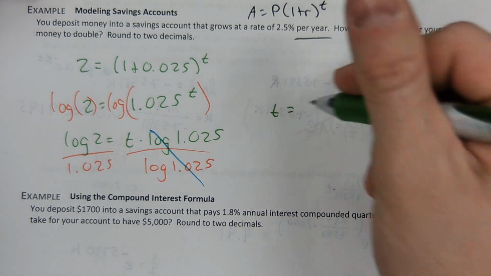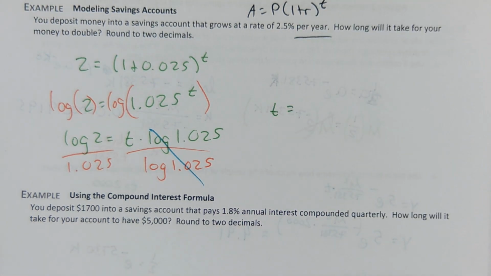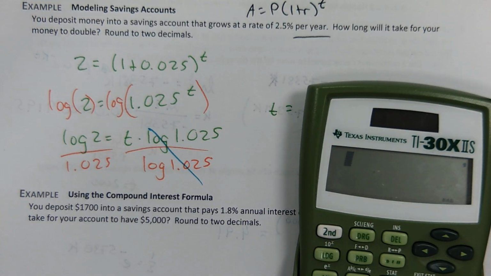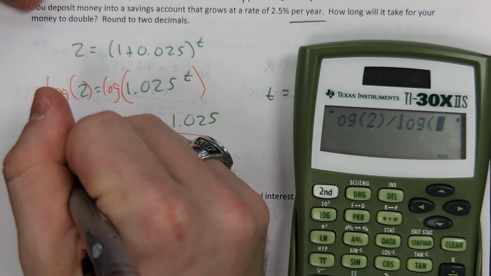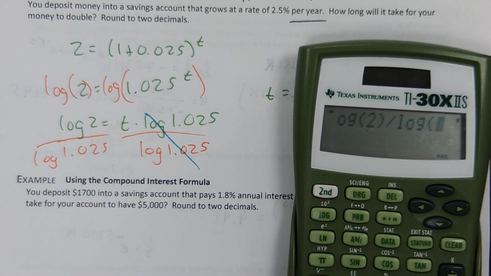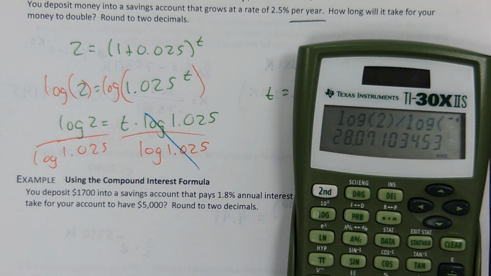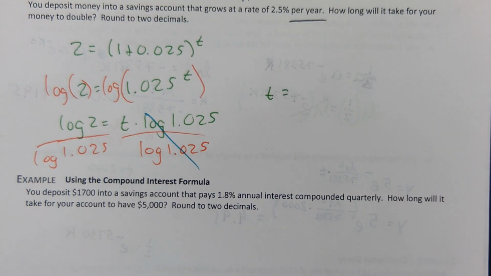Let's see, with that measly 2.5% interest, how long it would take to double. We're going to round to 2 decimals. Log of 2 divided by log of, I forgot to write the word log here, sorry. There you go. 1.025. Close it up. And it's going to take over 28 years. 28.07 years.